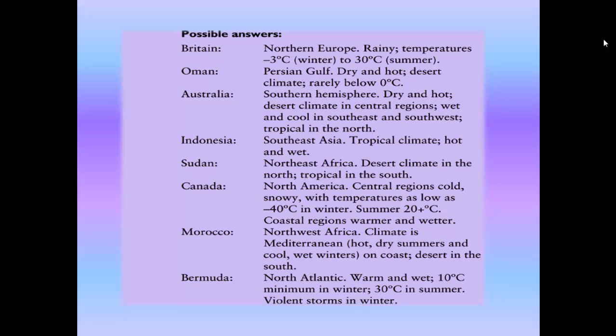Now let's go to Australia. It's in the southern hemisphere. The climate is dry and hot. It has a desert climate in central regions, wet and cool in the southeast and southwest, and it's tropical in the north.